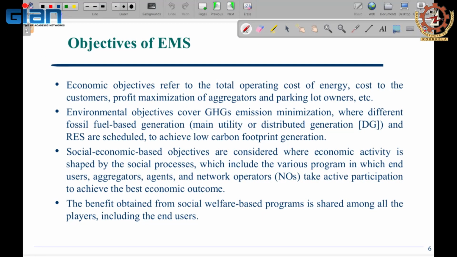The benefit obtained from the social welfare based program is shared among all the players, including the end users. Like if you have any equipment or device, however nicely designed, at the end, if the community does not accept it by heart, it may not be very successful.